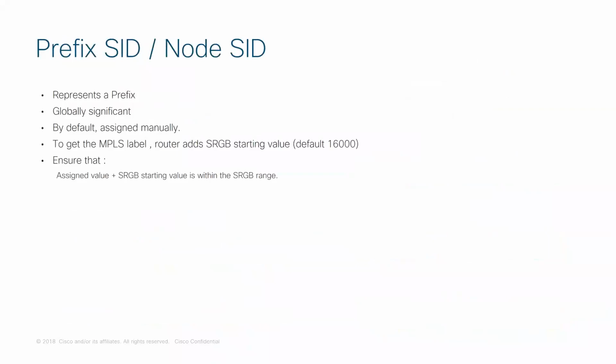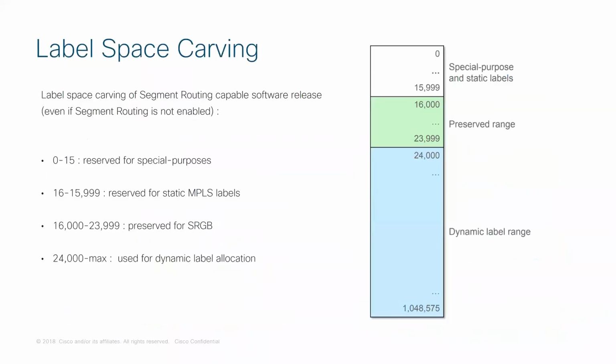Node SIDs are global, so they come from the global range. 16,000 to 23,999 is reserved for the global range in segment routing, and global range means it has a meaning throughout the network. Node SIDs take the global range because they represent a node, and each node is unique in the network.